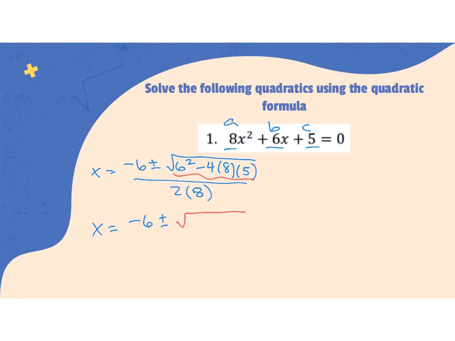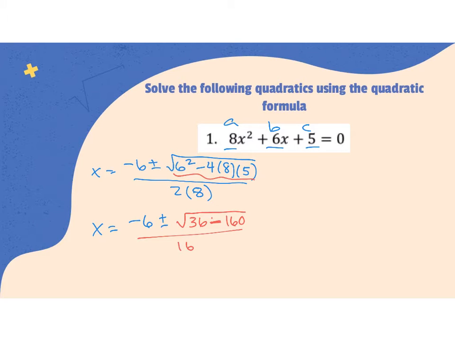Under the radical, 6 squared is 36. And then 4 times 8 times 5: 4 times 5 is 20, and 20 times 8 is 160. So I have minus 160 here, all divided by 16.